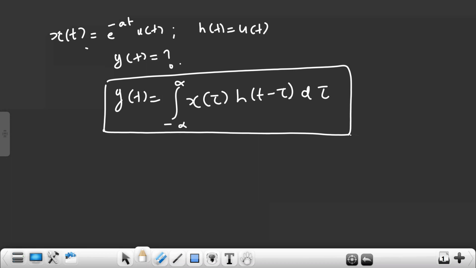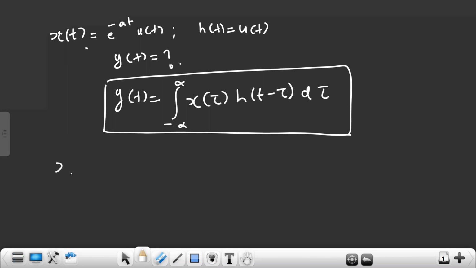I hope it is clear, because the equation needs x of tau and h of t minus tau, but in the question, they have given x of t and h of t. So we need to convert into the tau domain, not the t domain. So first we will write x of tau.